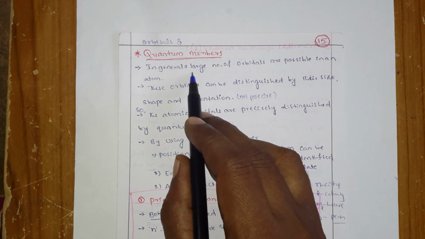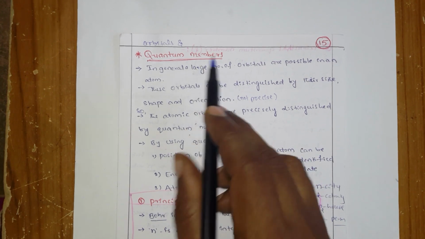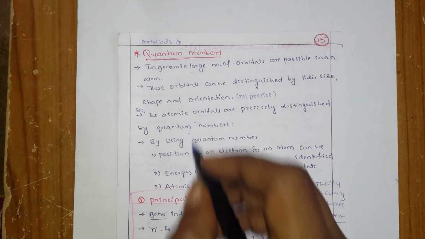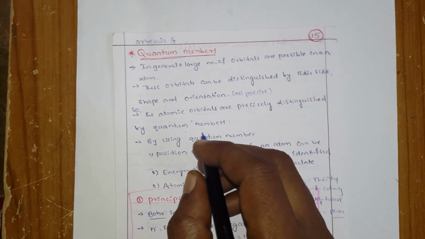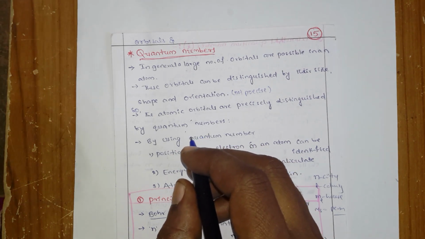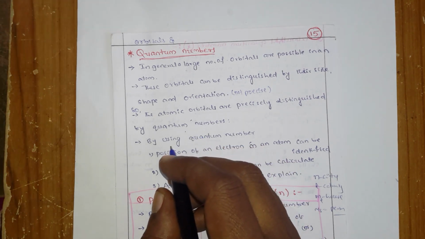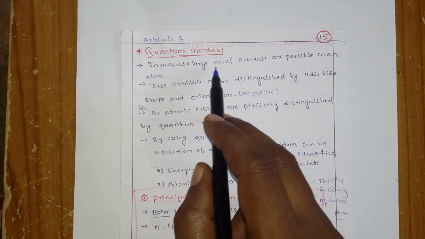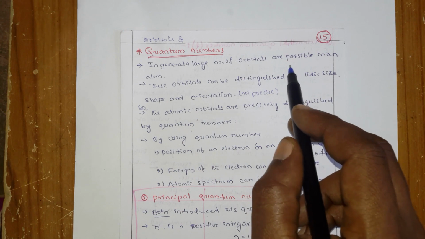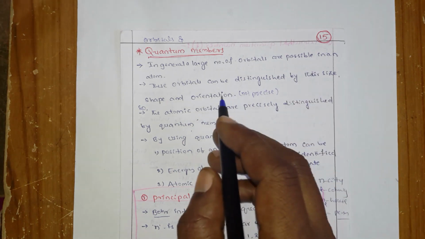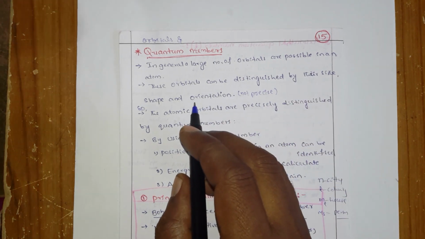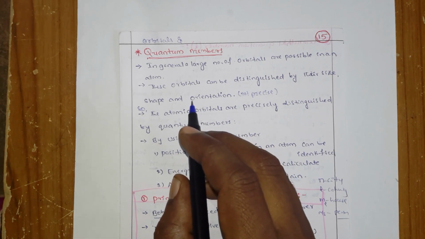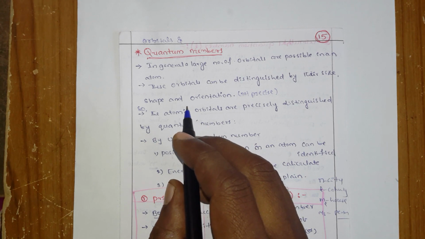So now we are going to see orbitals and quantum numbers. You know that generally in an atom a large number of orbitals can be present. In the simplest atom, hydrogen, you see just one orbital, an s orbital.